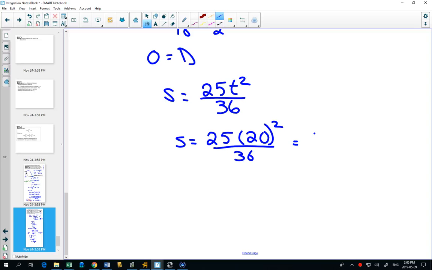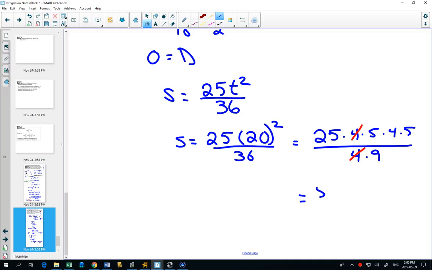I'm going to just go, for mental math, this is good. 20 squared is 4 times 5 times 4 times 5. 36 happens to be 4 times 9. So I know that these 4s would simplify. I know in the 25 is 5 times 5 that there's no common factors in 9 and what's on top, because 9 is just 3 times 3.